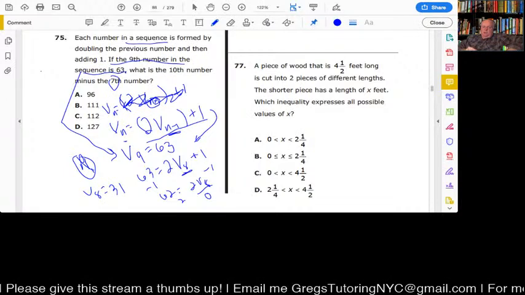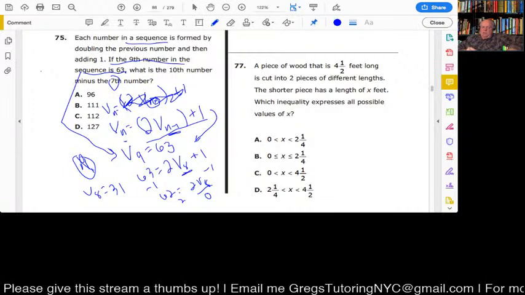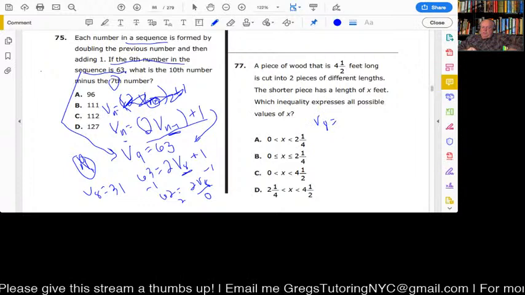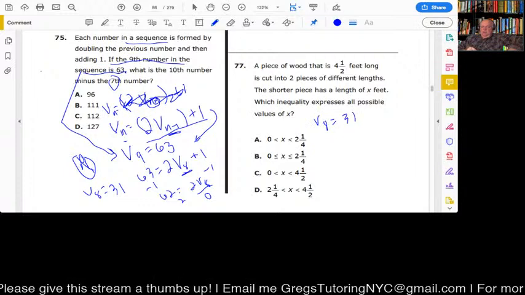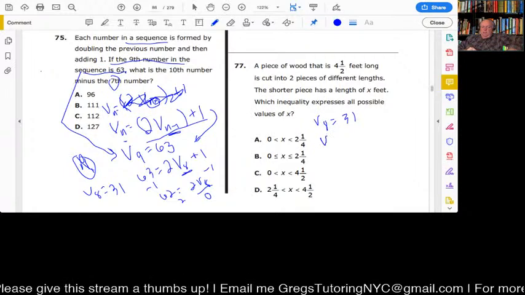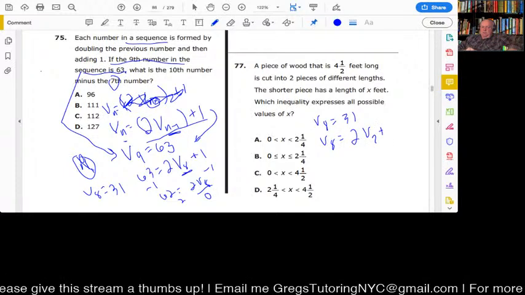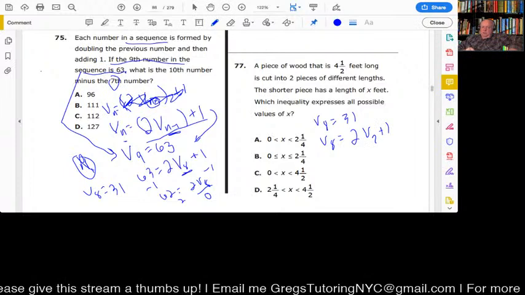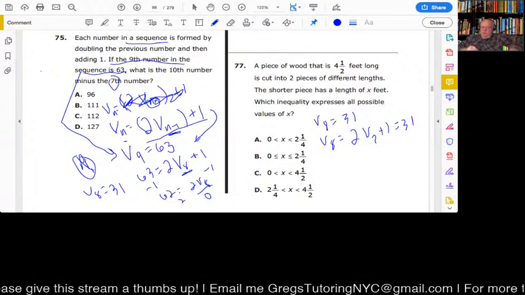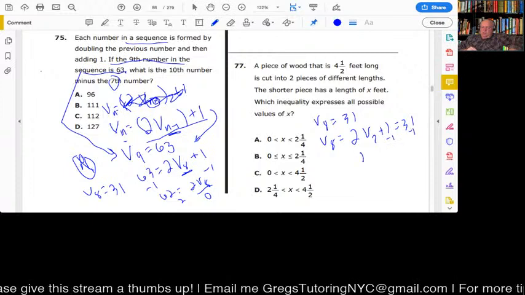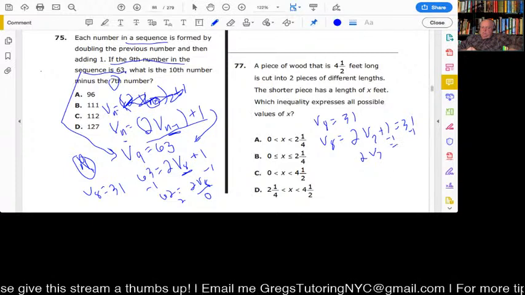So what we're going to do is go through that a second time. Now that we know that V8 is equal to 31, V8 is also equal to 2 times V7 plus 1. So we go through that same process. That's equal to 31. We subtract 1 from both sides. So 2 times V7 is equal to 30.